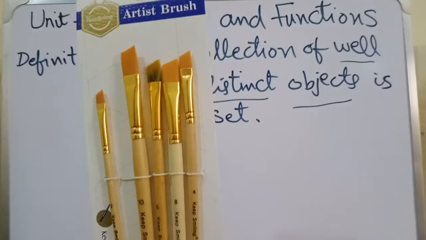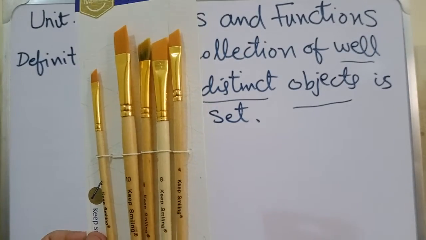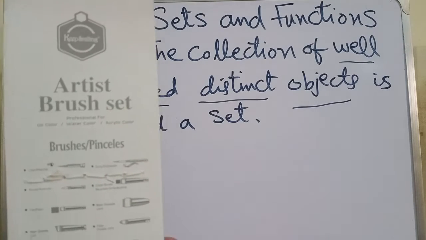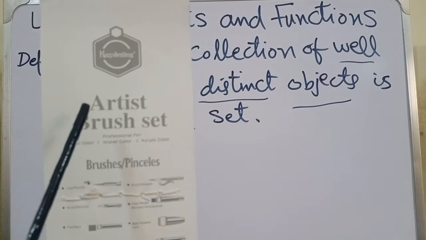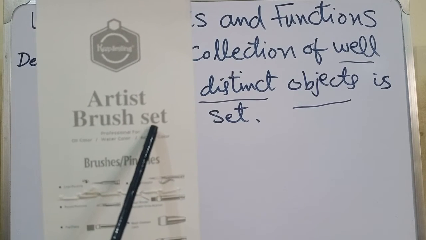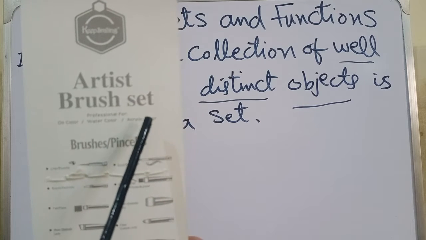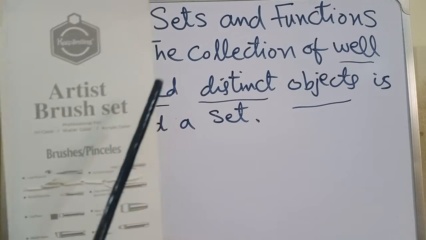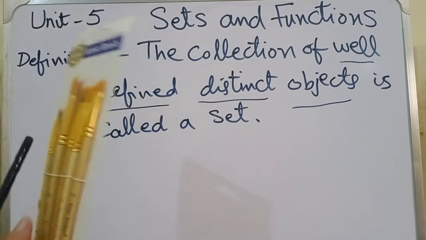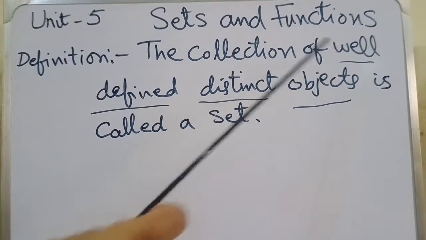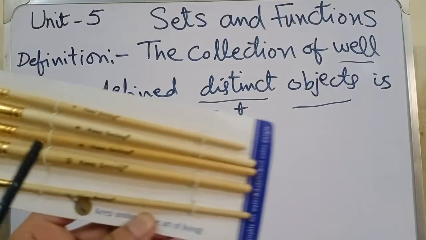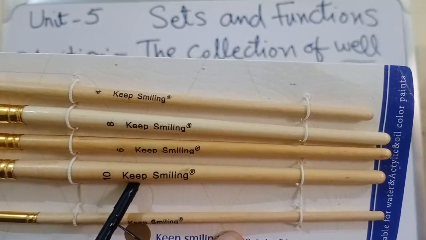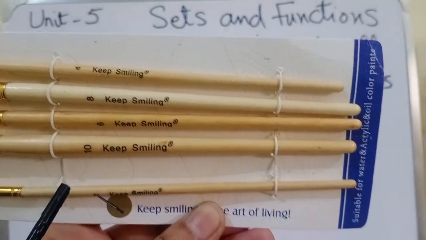This is the collection of brushes for my artwork, and on the back side I observe that it is an artistic brush set. This set shows that the collection of these brushes is well defined because of these numbers: 9, 10, 8, 4.